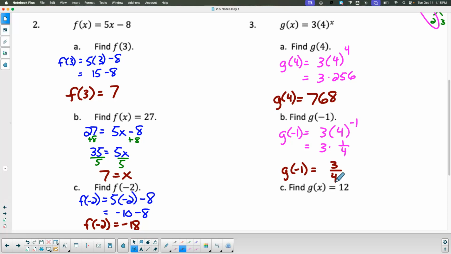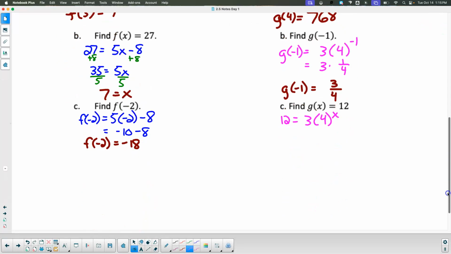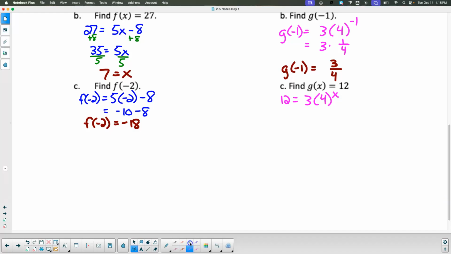Find it when it's 12. So 12 equals 3 times 4 to the x power. Divide by 3 first. That's going to give me 4 equals 4 to the x power.